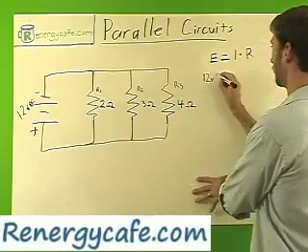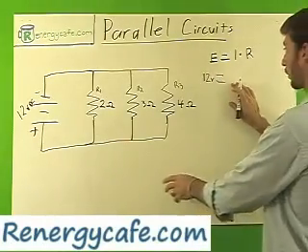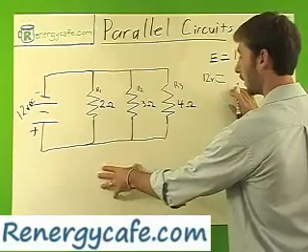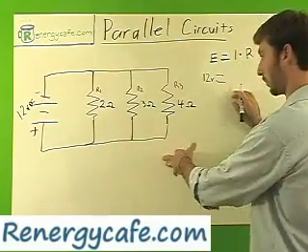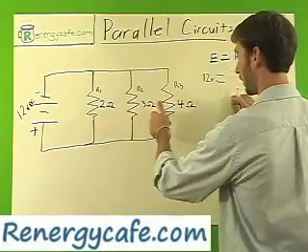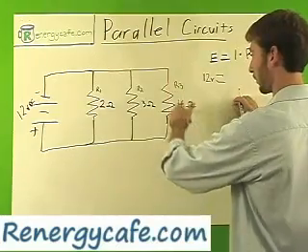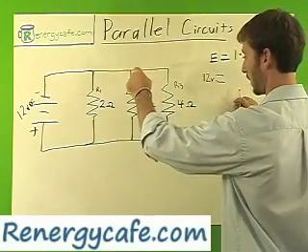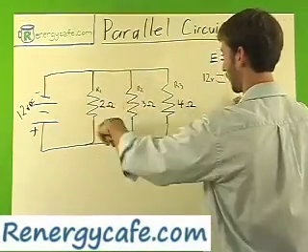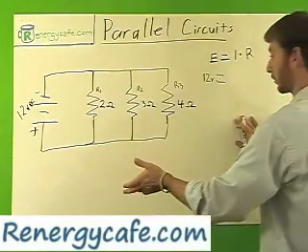And we don't know our current. We're going to have to figure out what our current is, because our current is going to be different across each of these points. We have the values for the voltage and the resistance across all these points, so the only thing we don't know is the current.